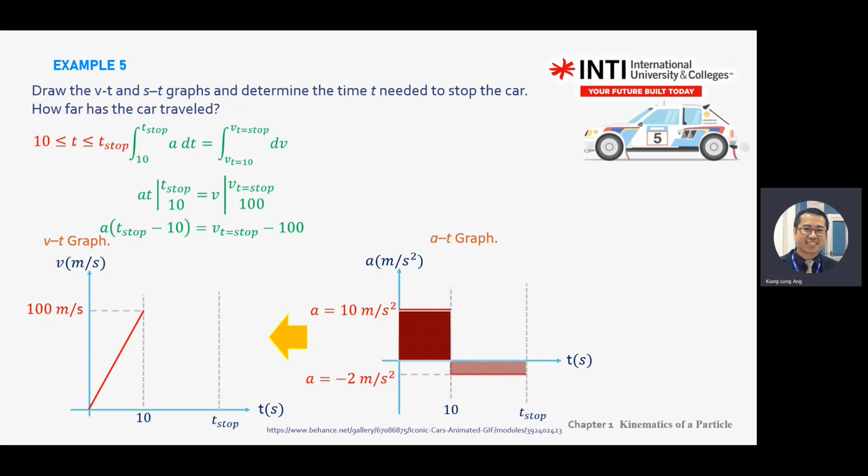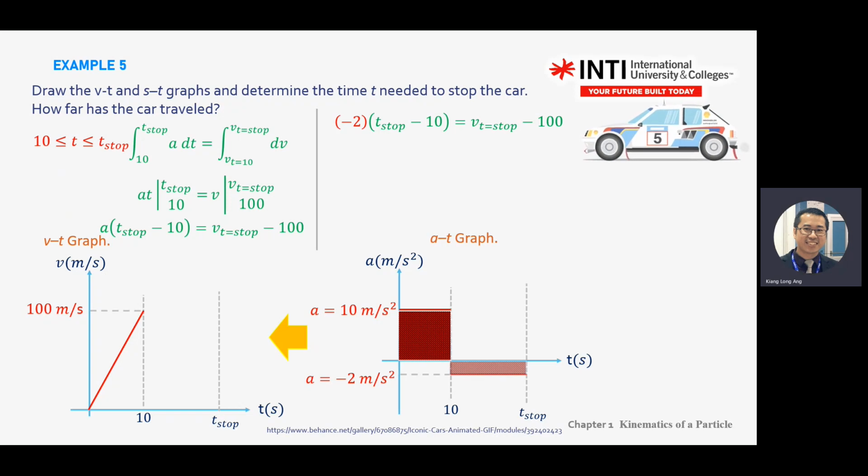Okay, so you have the equation here, right? So it means acceleration is there. Then you rearrange this one. Okay, so you have 10 to t stop. You substitute the value.